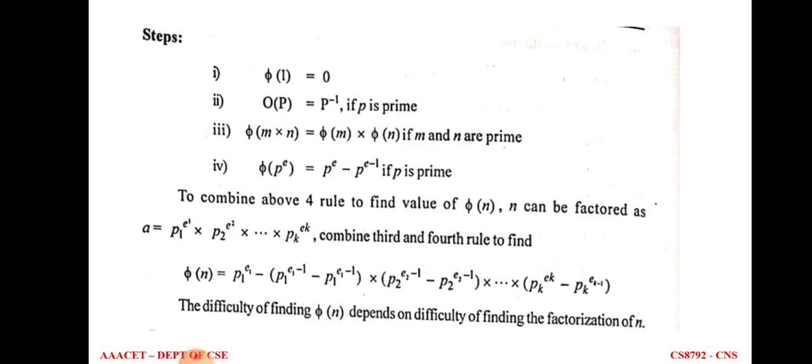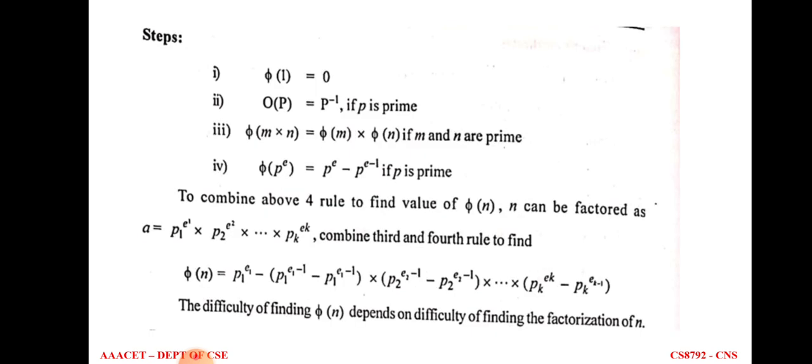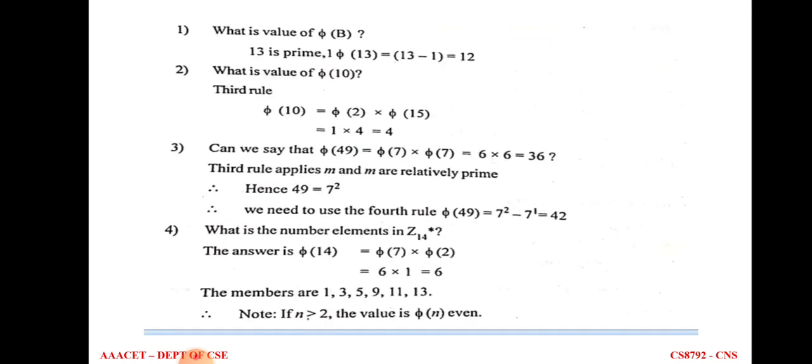According to that we apply the above four rules. So phi of 13, 13 is a prime number, so we go with the second rule, p minus 1. Here p is 13, so 13 minus 1 is equal to 12. So phi of 13 is equal to 12.